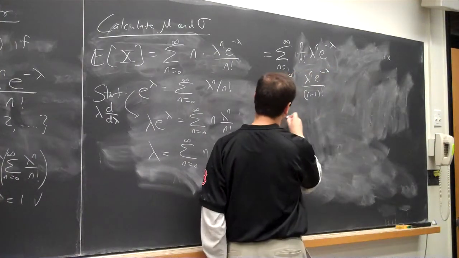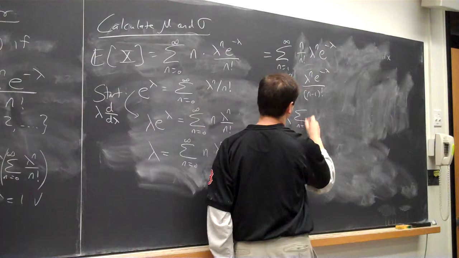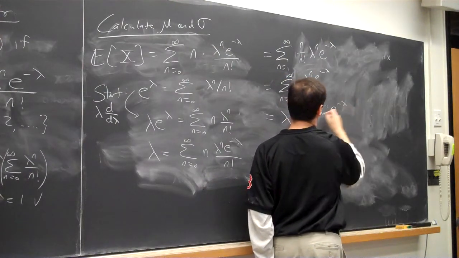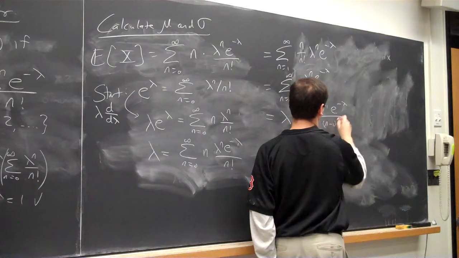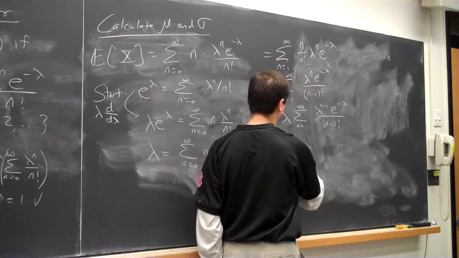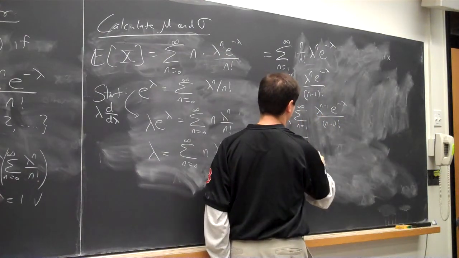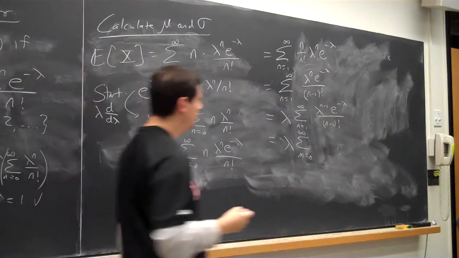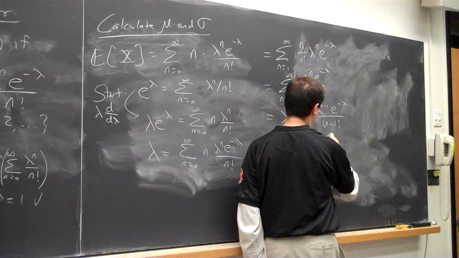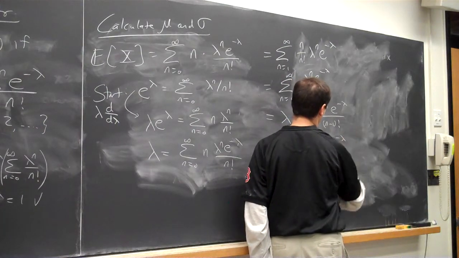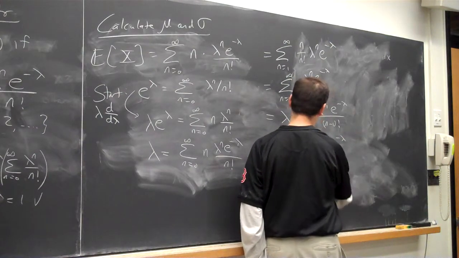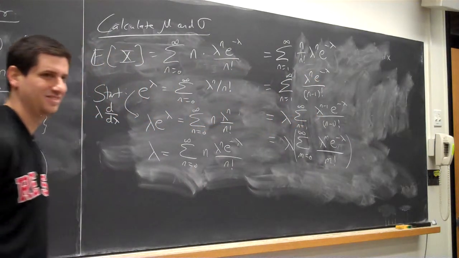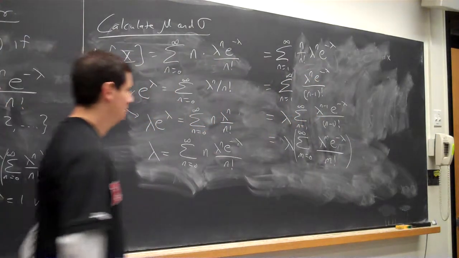And so we get lambda, the sum, n goes from 1 to infinity, lambda to the n minus 1, e to the minus lambda over n minus 1 factorial. Or if you want to make it look friendlier, just have m goes from 0 to infinity, just change the index of summation, shift it down by 1, and you'll get lambda to the m, e to the minus lambda over m factorial. Ah, but what does that sum equal? 1. And there you go.